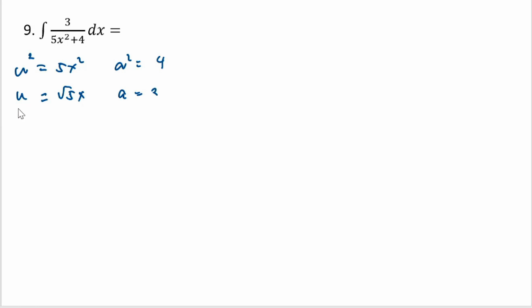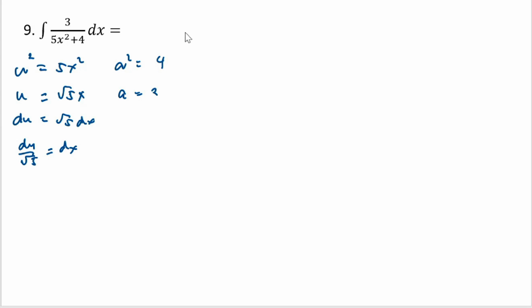So we can take the derivative of u now, so du is equal to the square root of 5 dx. Since dx is there, we will just find dx as du over the square root of 5 is equal to dx.